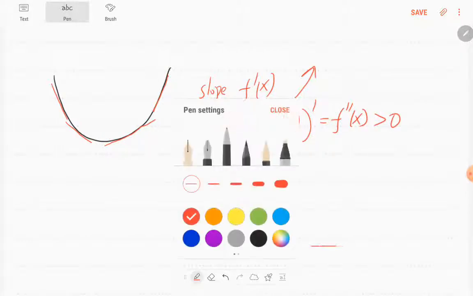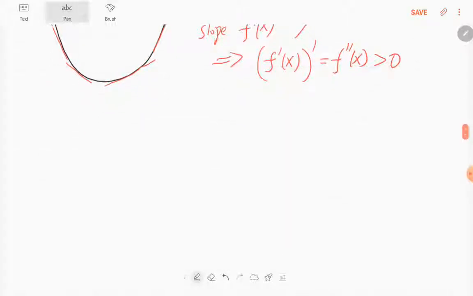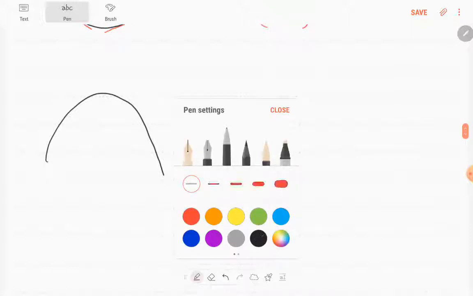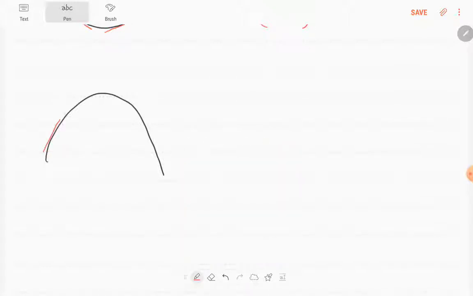So now let's look at this concave down curve, and the slope of the tangent line is positive, right, then reduces to 0, then reduces to negative, right?